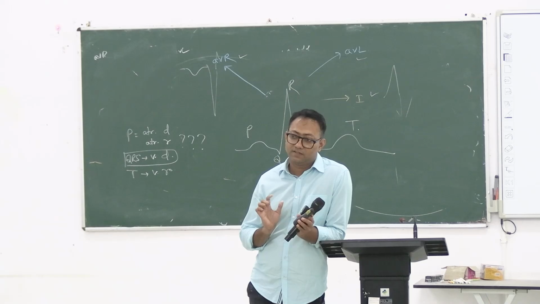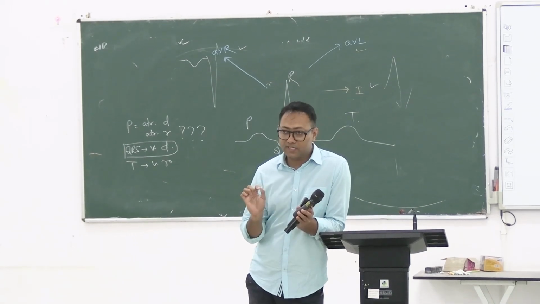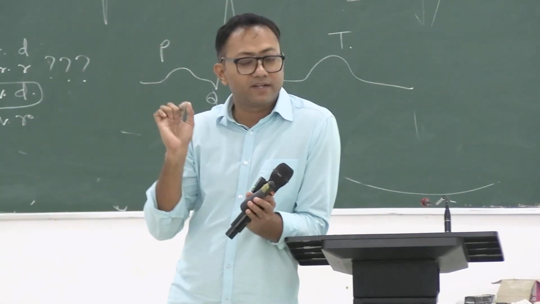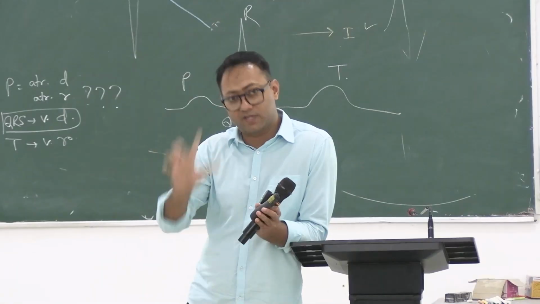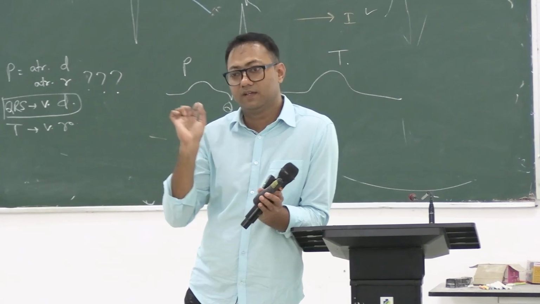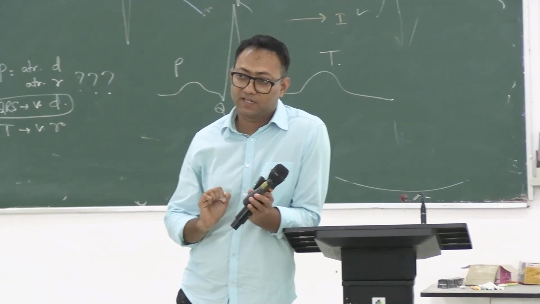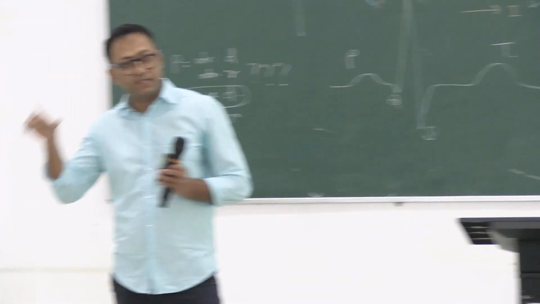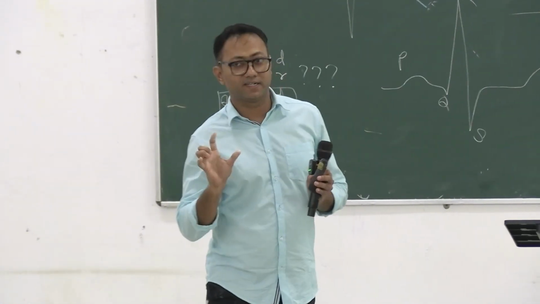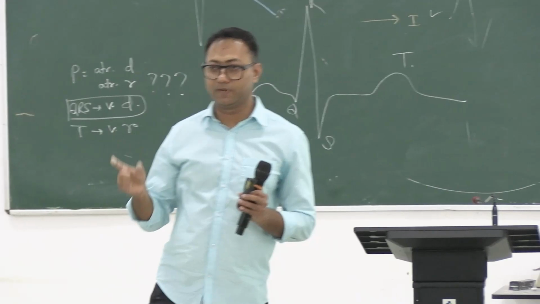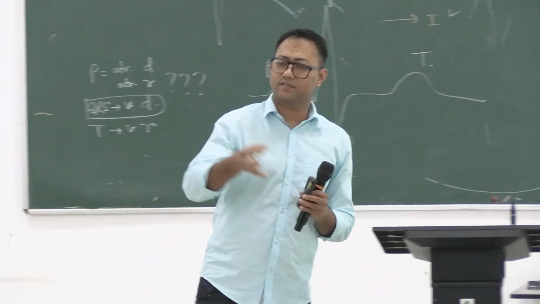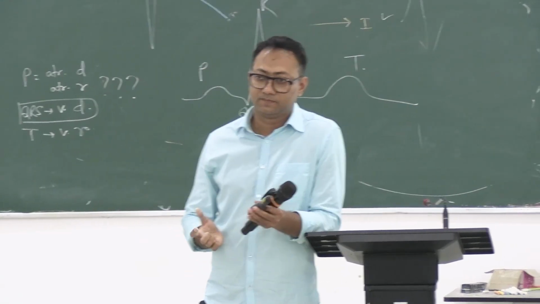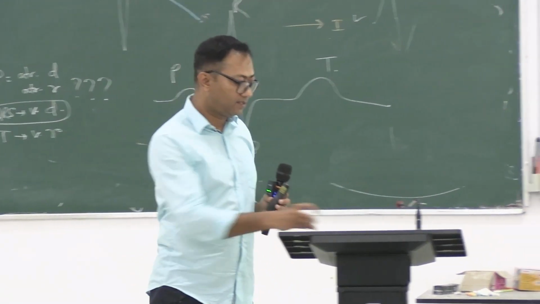Okay? The QRS complex is so strong that the atrial repolarization wave is covered, buried under it. Clear? They happen simultaneously and you get a combined QRS complex. There is absolutely no visible effect of atrial repolarization because the QRS complex is so strong. Clear? Okay.